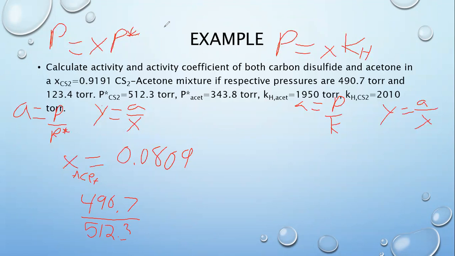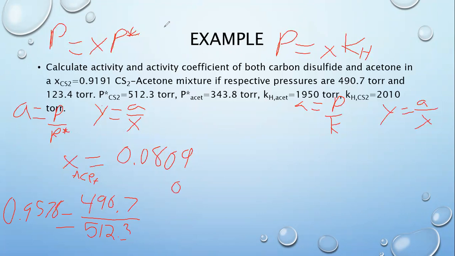So 490.7 divided by 512.3 is going to be an activity of 0.9578, and the activity coefficient would be that number divided by our mole fraction.